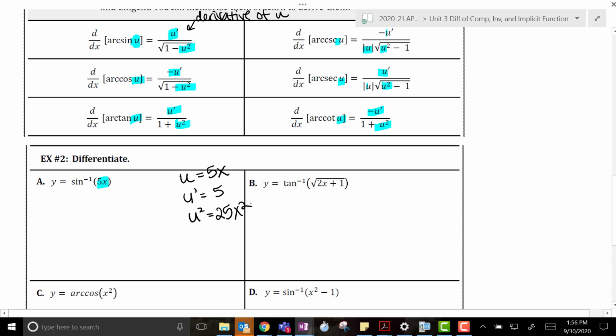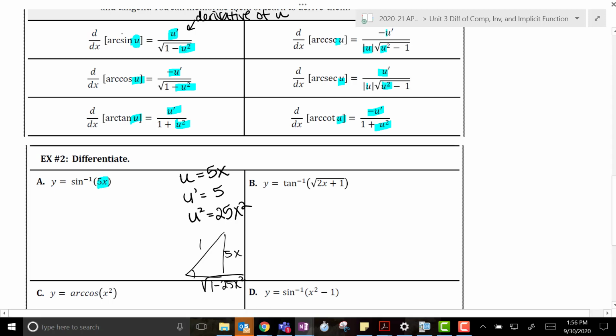Instead of having to draw my circle and my triangle and reverse this, saying this needs to be 5x over 1, and this is going to be the square root of 1 minus 25x squared with the Pythagorean theorem, you can do all this, but it takes longer. We could just plug into that formula.